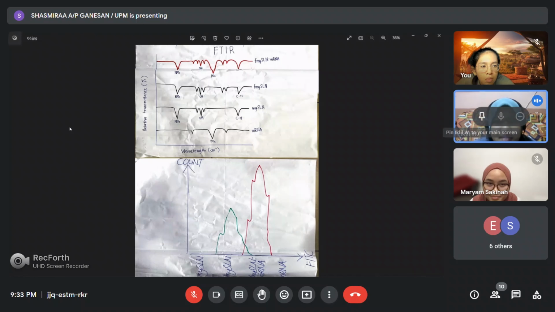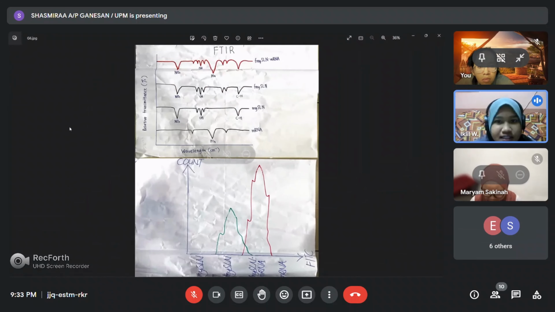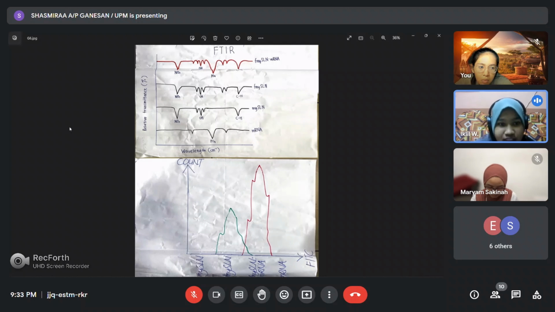This analysis can detect the functional groups that vibrate when the infrared radiation passes through the four materials. Different materials absorb or transmit at different wavelengths, which is reflected in the thickness of the graph. If the material absorbs all the radiation, the line on the graph will be plain, with no thickness.